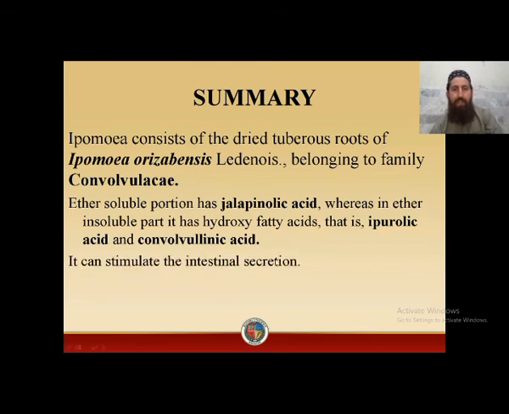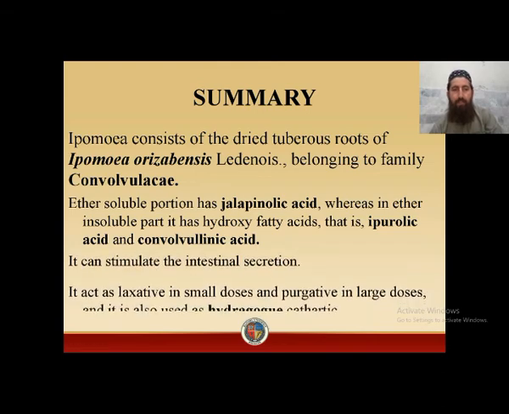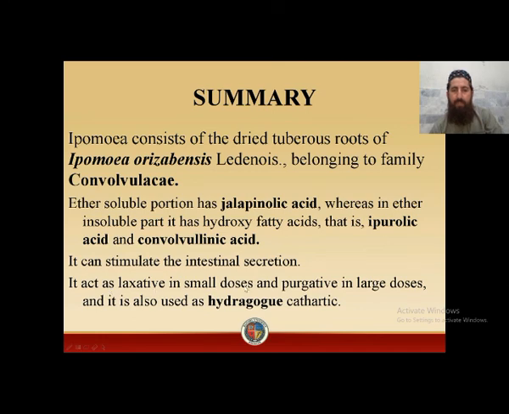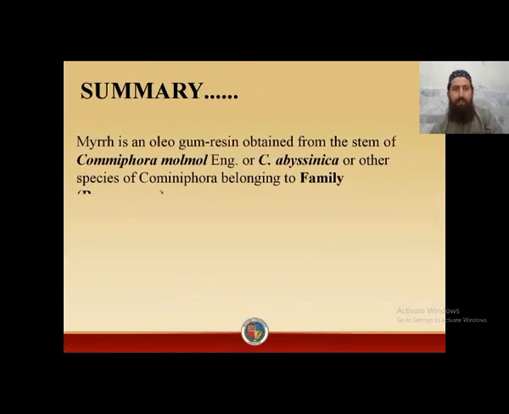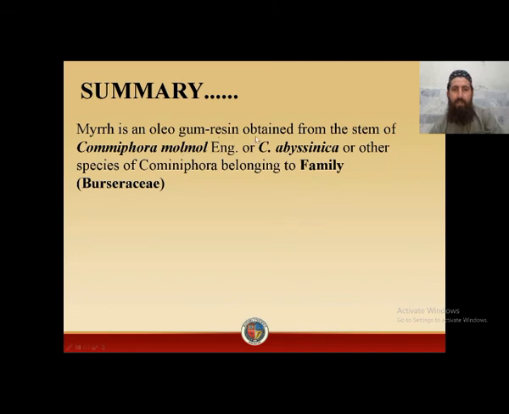It can stimulate the intestinal secretion. Ipomoea acts as a laxative in small doses and purgative in large doses, and it is also used as a hydragogue cathartic. The second drug which we studied is myrrh. Myrrh is an oleogum resin obtained from the stem of Commiphora molmol and Commiphora abyssinica or other species of Commiphora belonging to family Burseraceae.